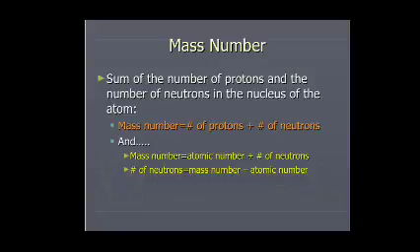Therefore, the number of neutrons is equal to mass number minus atomic number, so N is equal to A minus Z. A indicates mass number and Z indicates the number of protons present in an atom. Therefore, A is equal to Z plus N, and N is equal to A minus Z.